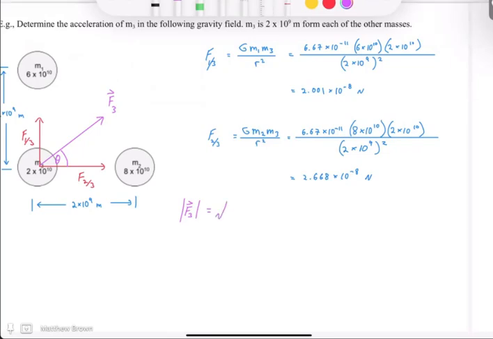So the square root of 2.001 times 10 to the negative 8 squared plus 2.668 times 10 to the negative 8 squared, which equals, if my numbers are correct, 3.334 times 10 to the negative 8 newtons. So that gives me the magnitude of that.